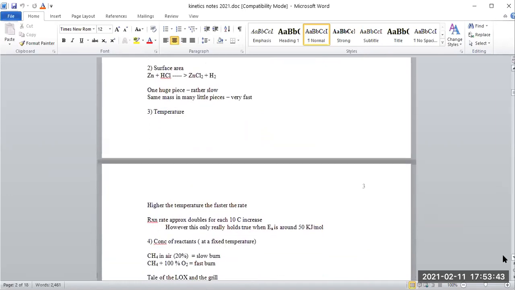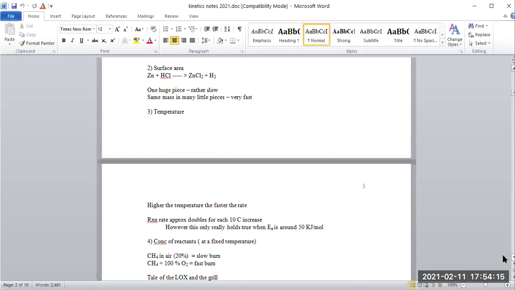How about temperature? Okay. One, we can start with a generalization. Higher temperature gives you faster rate. Okay, that's just kind of a general statement. We can also approximate within certain constraints that lots of reactions will double their rate for roughly every 10 degrees Celsius increase.